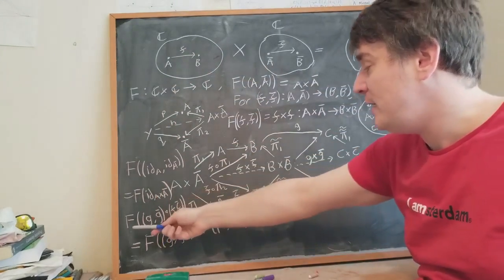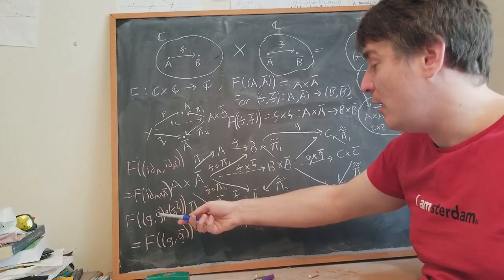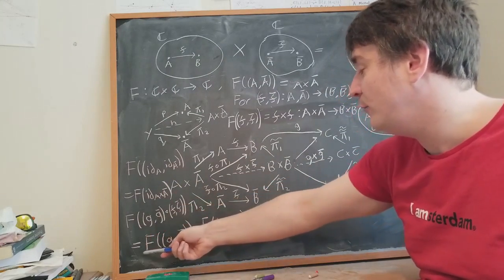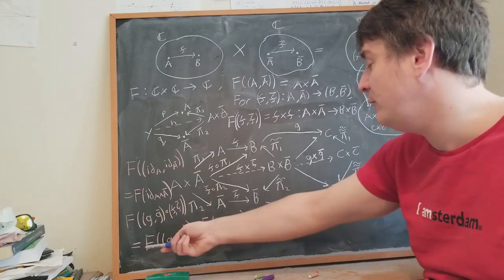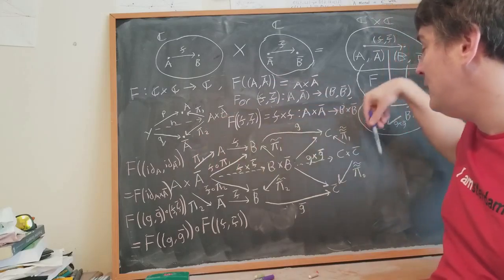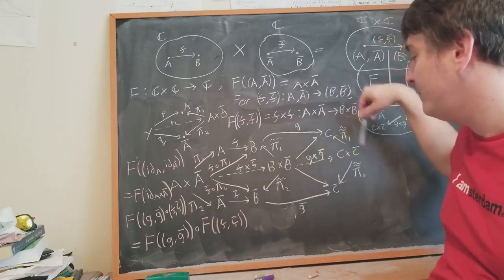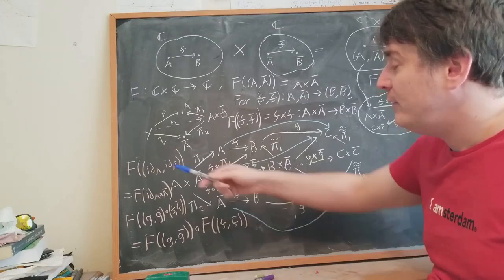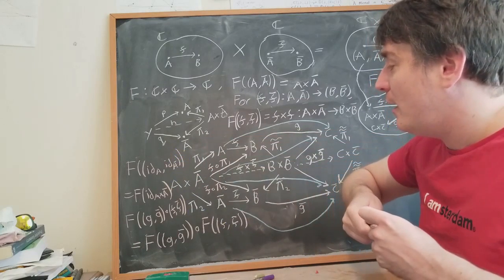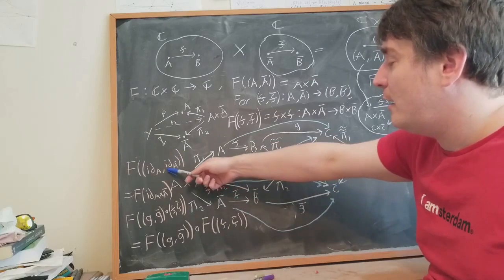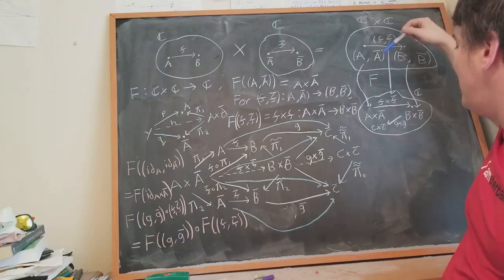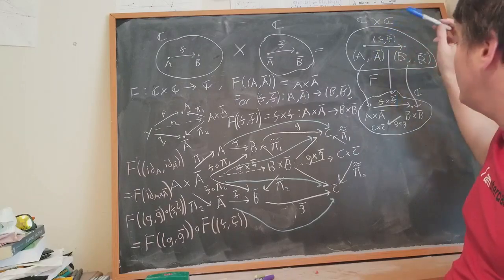So we need that the image of the composition is equal to the composition of the images of arrows. And you can show that by looking at this picture here. And then the other thing you want to show is that this functor sends identity arrows over here to identity arrows over here.